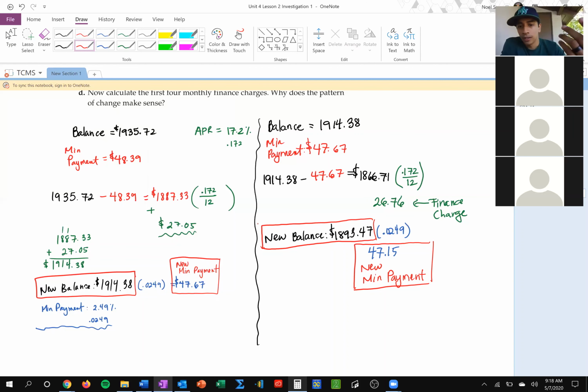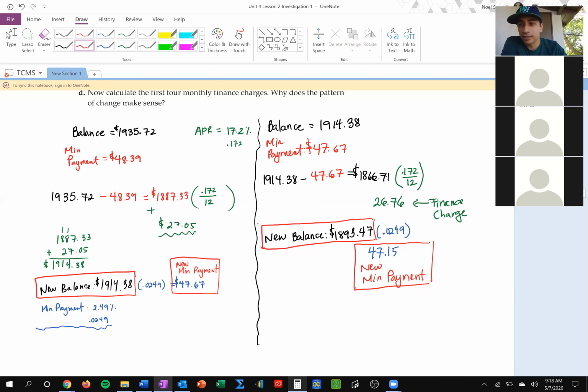Well, that's because there is a difference there. If you look at what you paid and then the finance charge that they add back on, well, you paid 47, but then they added on 26, right? So it really is like you're only making about $20 towards the balance, and the rest you're paying the interest.